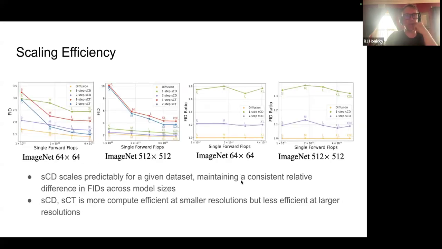And then another interesting thing here, a couple of things. Their model does quite well when it's trained and not distilled.